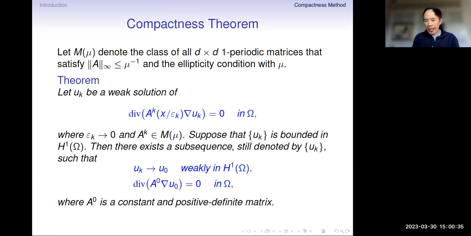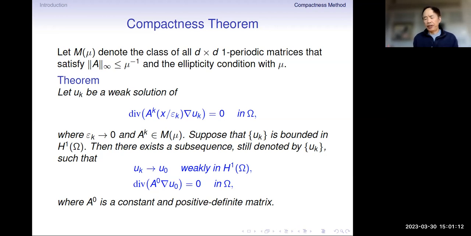So epsilon k goes to 0, and A super k belongs to this class of matrices. Suppose that u sub k is bounded in H1 of omega. Omega here only needs to be Lipschitz, I think, with no smoothness required. Then there's a subsequence, which I still denote by u sub k, such that u sub k converges to u0 weakly in H1.